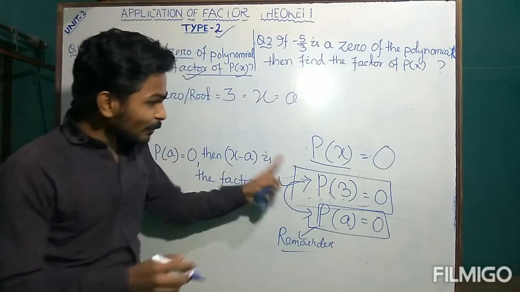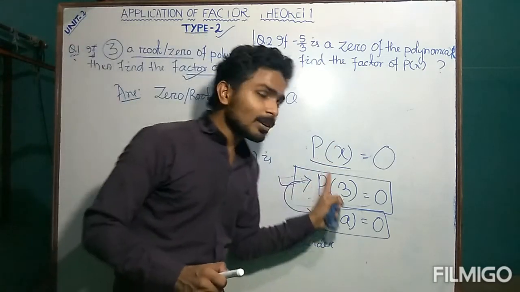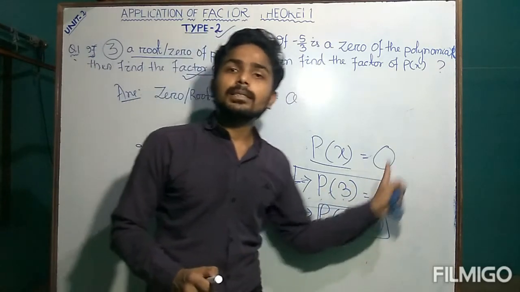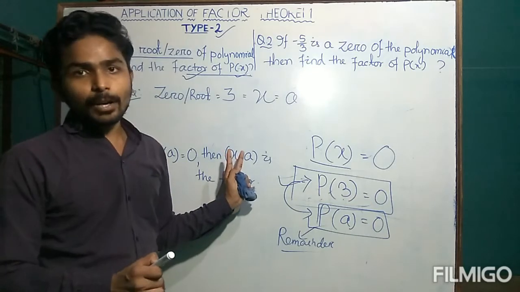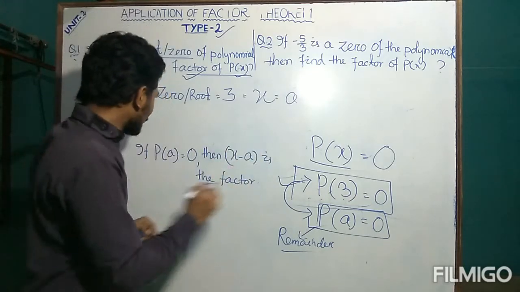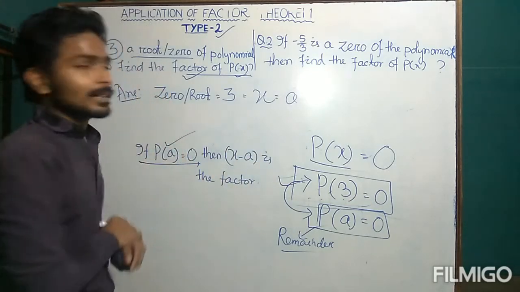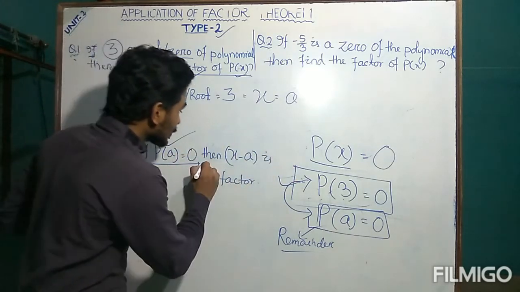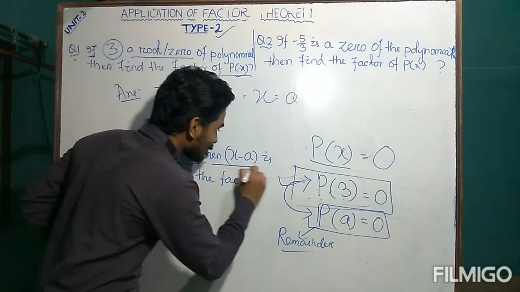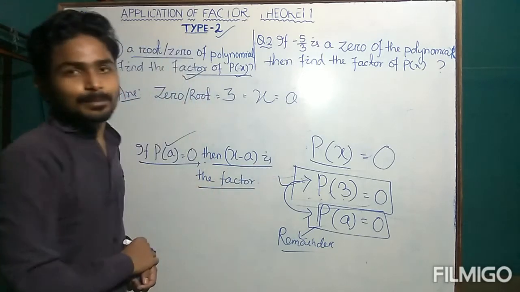So here for x is equal to 3, P of 3 is equal to 0. That means it satisfies the second statement of the factor theorem. Then we can write, yes, x minus a is a factor.